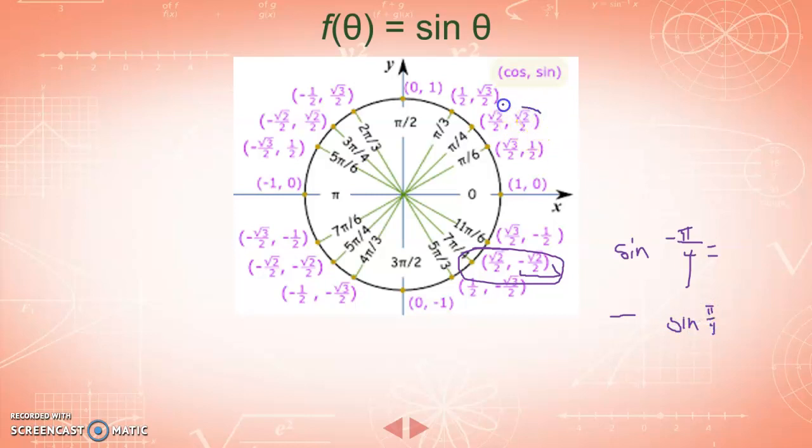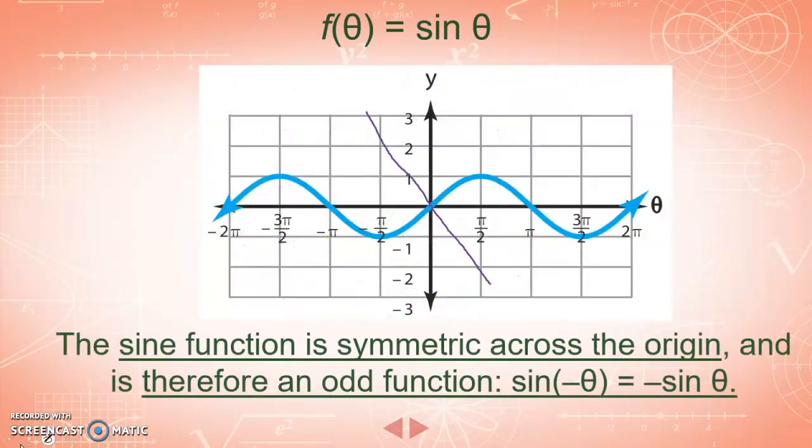Well, sine pi over 4 is up here, so that would be negative root 2 over 2. So we've got the same thing. Sine of negative pi over 4 is negative root 2 over 2, and the negative sine of pi over 4 is also negative root 2 over 2. So we've taken this definition of an odd function, and we have plugged in some numbers, and we see that that is the case. The sine of a negative angle is the same as the negative sine of that positive angle.